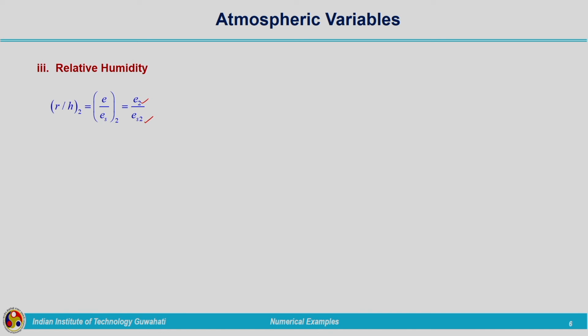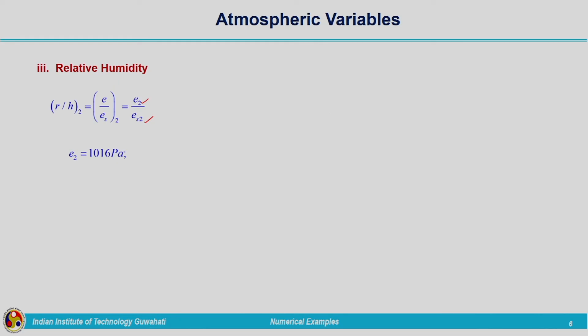Now, we need to calculate the saturation vapor pressure at section 2 corresponding to that particular temperature. That we will do with our saturation vapor pressure curve equation, and E2 is the value which we have calculated already. It is 1016 Pascal, and Es2, the saturation vapor pressure value at the level of 1200 meters, we have not calculated, that we need to calculate.